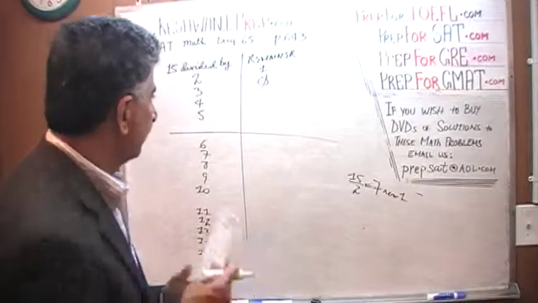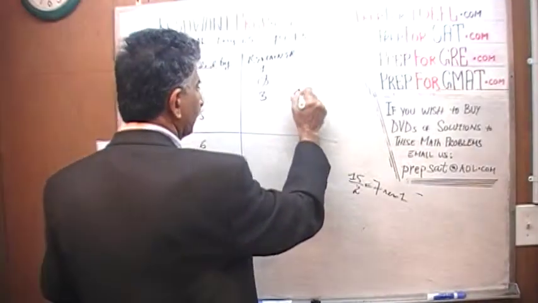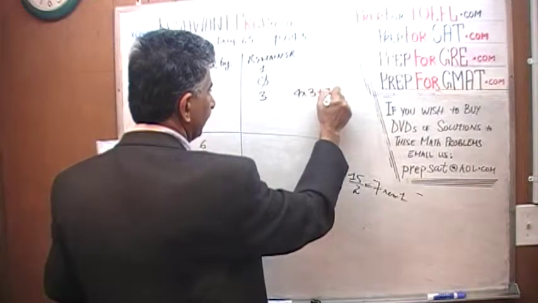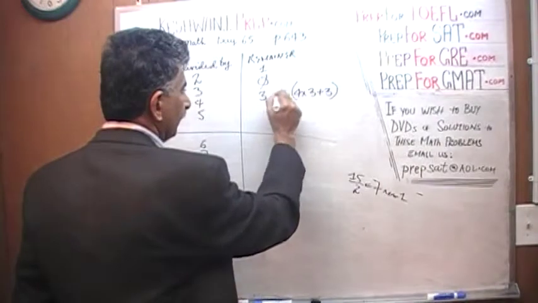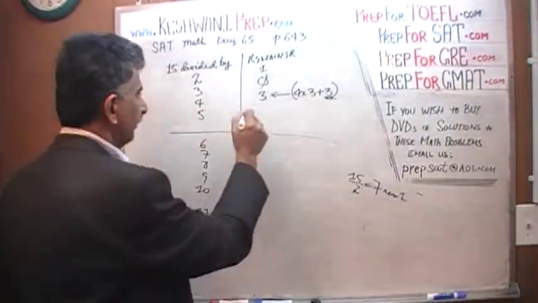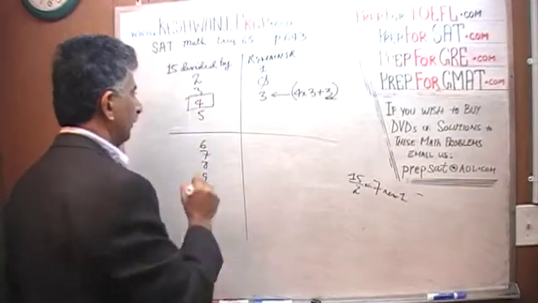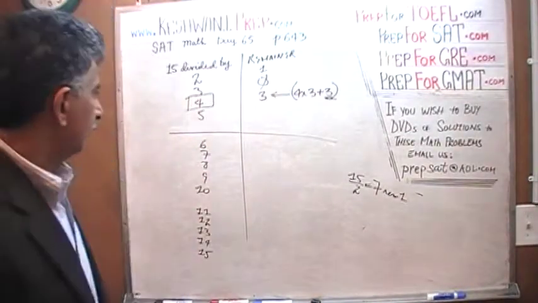We get the remainder of 3 that we're looking for, because 4 times 3 is 12, 12 plus 3 is 15, voila. So the remainder is 3. We found the first one. 15 divided by 4 gives us a remainder of 3.